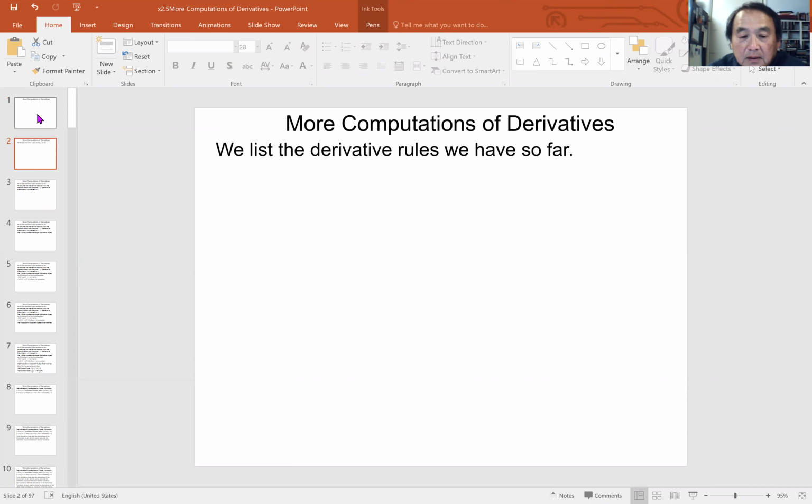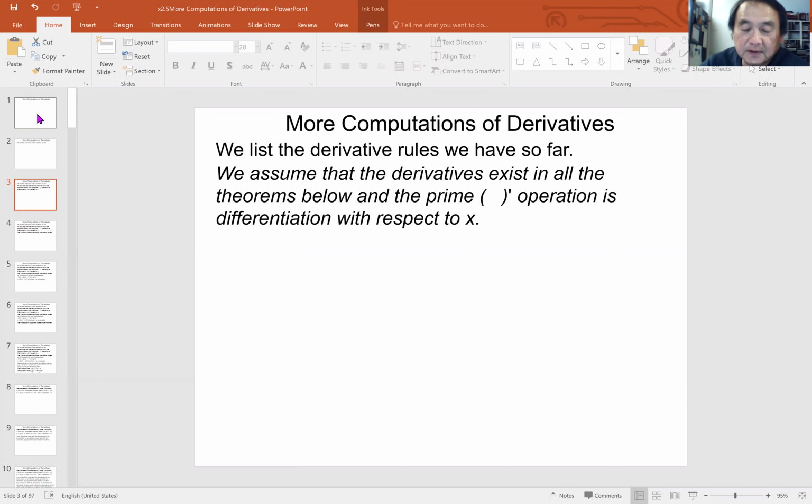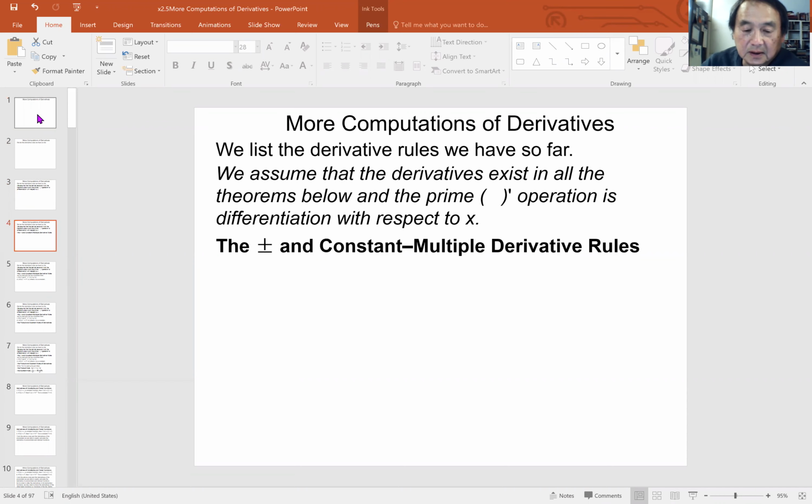Last time we defined derivatives, and in these sections all the prime operations will be with respect to the letter x, and all the formulas will be with respect to x until we get to the sections on the chain rule.